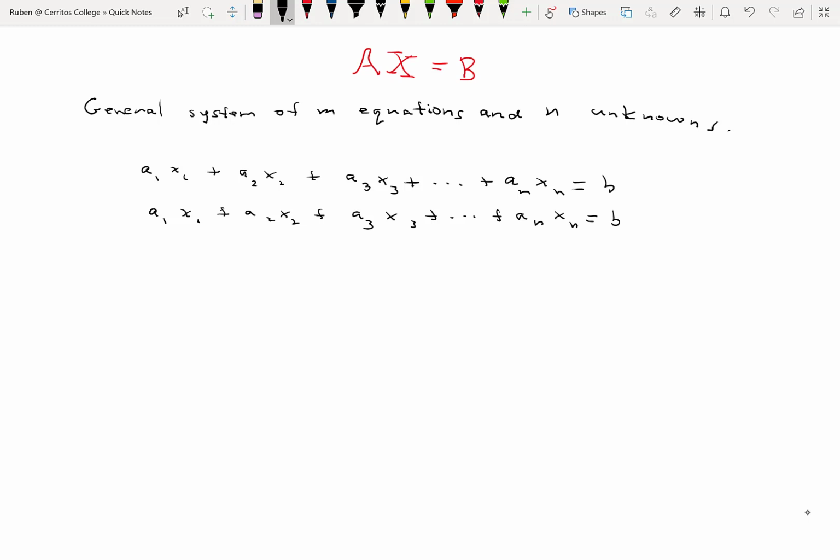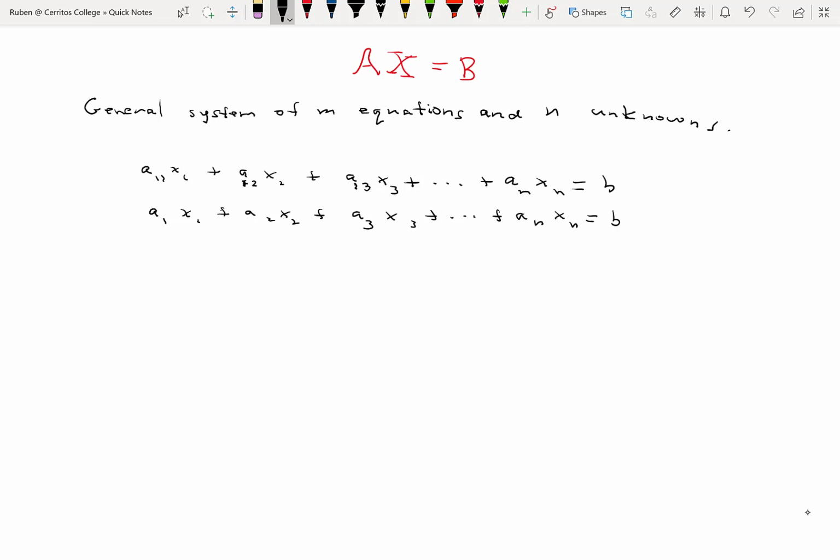So to differentiate the coefficients between the first and the second equations, we're going to put another subscript onto the coefficients. So we're going to call the first coefficient in the first equation a11, and the second one a12, and then the third coefficient a13.